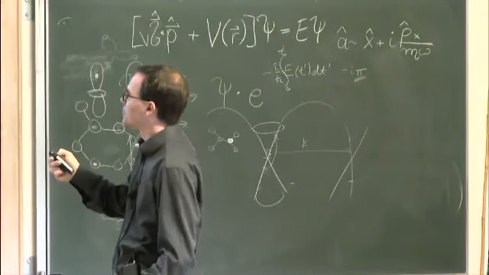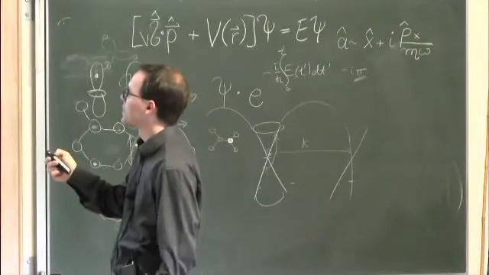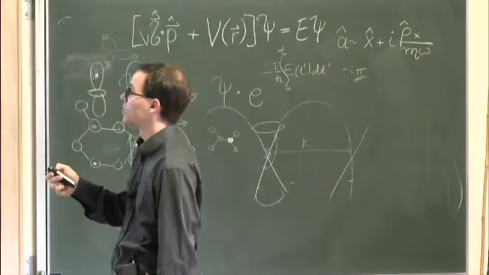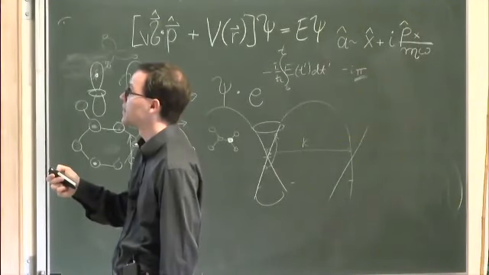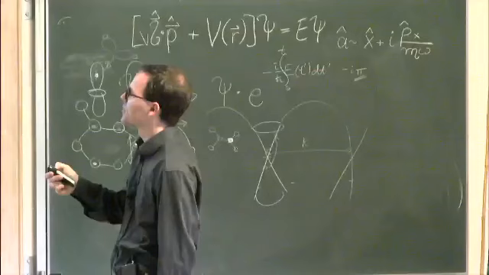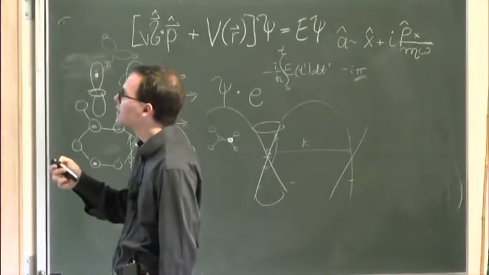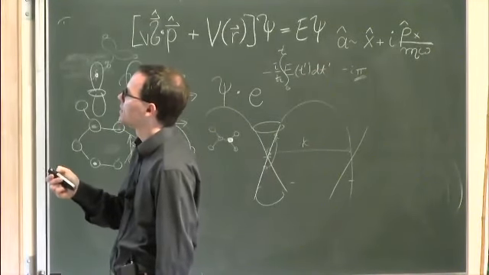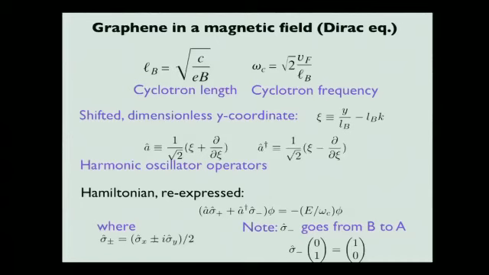You want to introduce the combination of momentum and coordinate, but before doing so, you want to go to dimensionless coordinates in order to make everything simpler. And so it turns out that with respect to the length, there is only one combination that gives you a length here that you would call the cyclotron length, which shrinks with increasing magnetic field. That's the same you observe also for the non-relativistic problem. And there's the frequency.